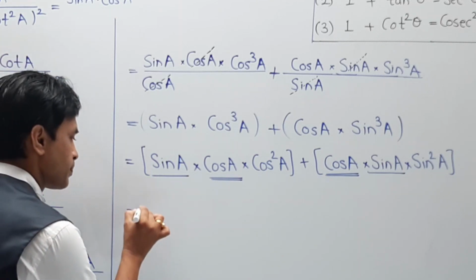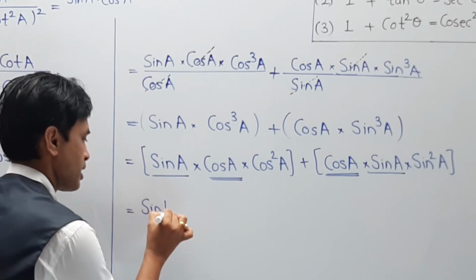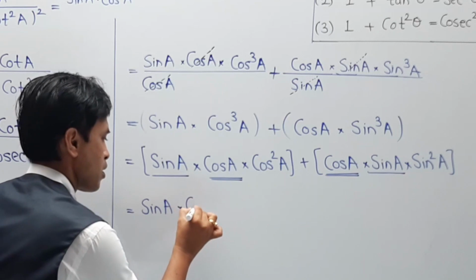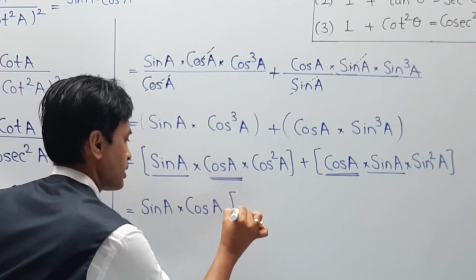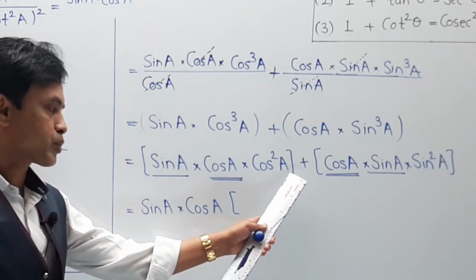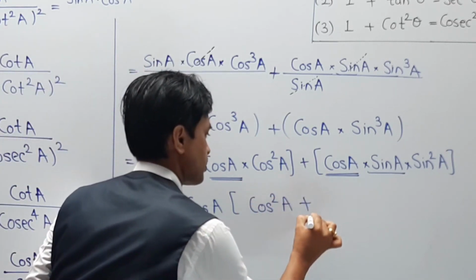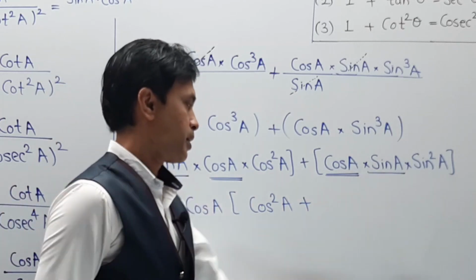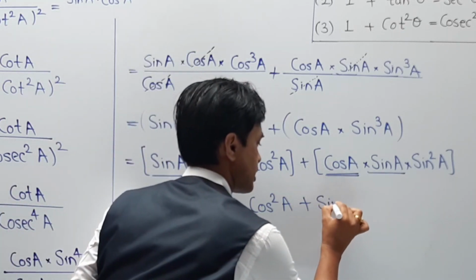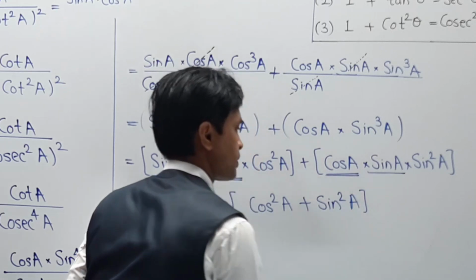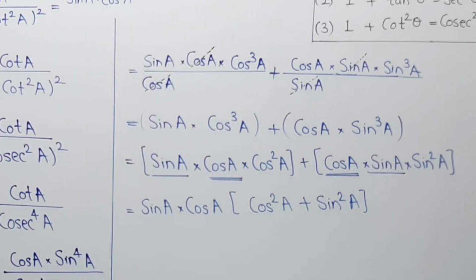So the part becomes sin A into cos A. The remaining part cos square A plus, here the part remaining is sin square A, and the simplification is here.